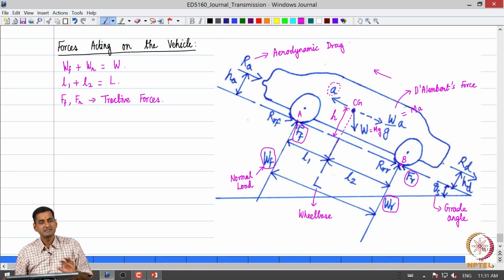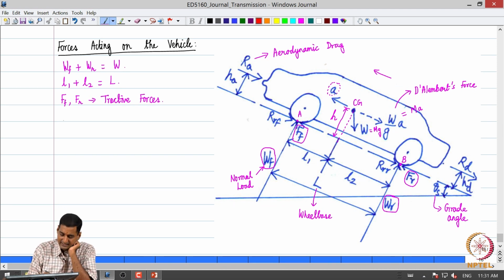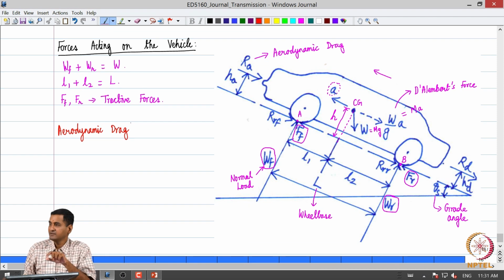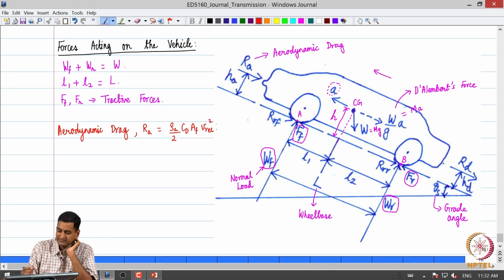As a vehicle moves, we are going to have air flowing past it and over it, and so we are going to have this aerodynamic resistance, which is quantified and lumped by this variable Ra. Typically this is taken as rho A CD AF VRL square. So, what is rho A?